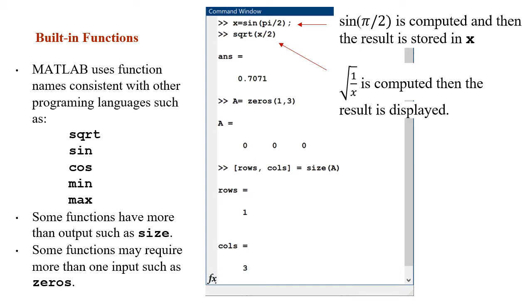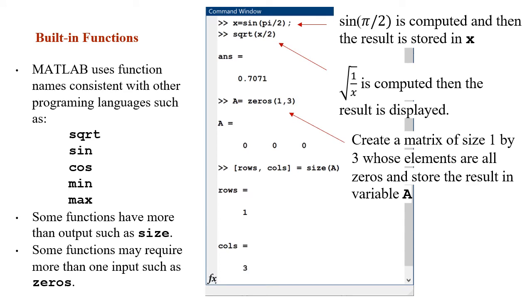Next, we have a function that requires more than one input, which is the zeros. It will create a matrix consisting of zeros for the given size. The size we give it is 1 by 3 or 1 comma 3, meaning we want a matrix that consists of zeros that has only one row and 3 columns.